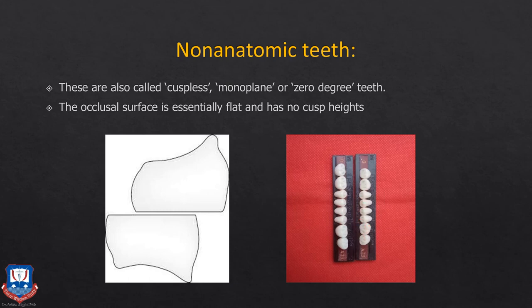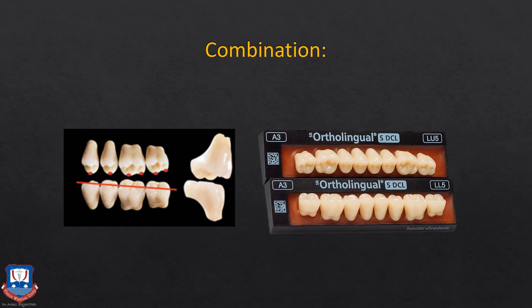Sometimes we may also need to use these teeth in combination. That is, we may use anatomic teeth in the maxillary arch, and monoplane or zero-degree teeth in the mandibular arch. This concept has been long practiced in Europe.